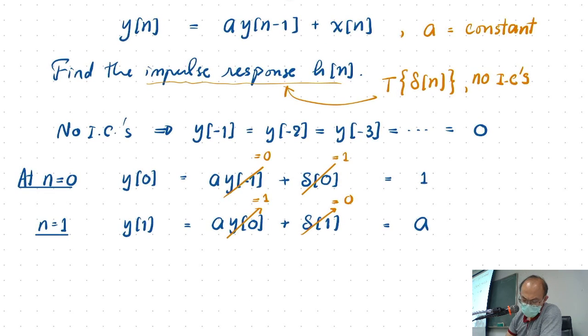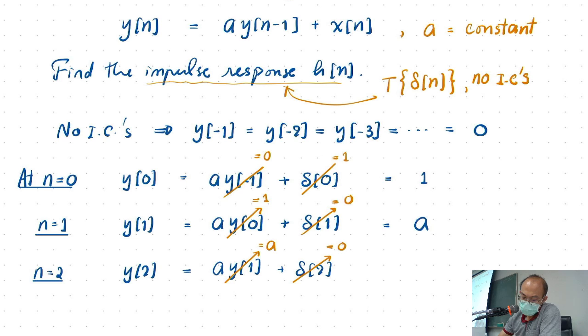Now when n is equal to 2, you have y at 2 equal to a times y at 1 plus delta at 2, right? And delta at 2 is again equal to 0, and y at 1 is a from the previous sample. So when you add them up, you're going to get a squared.